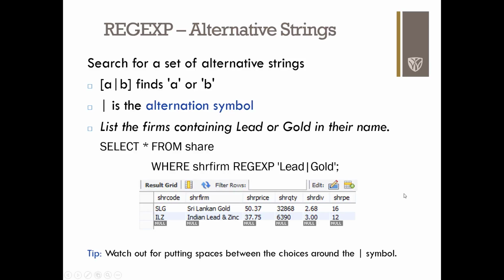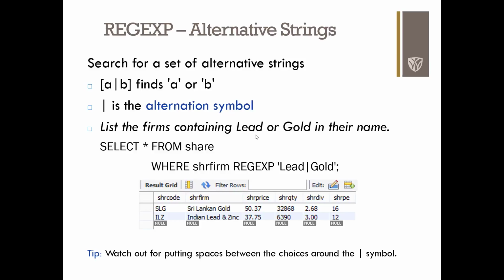In addition, when we're using the reg expression function, we can use the alternation symbol. And the alternation symbol allows us to basically shorten a query by saying we want to find A or B. In this case, let's say we want to list all the firms containing lead or gold in their name.